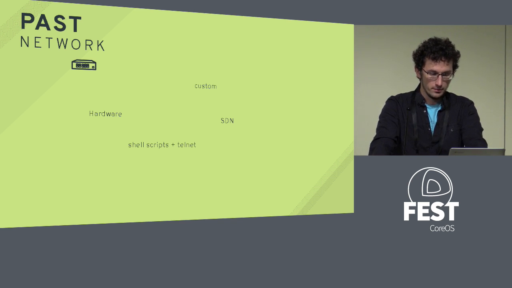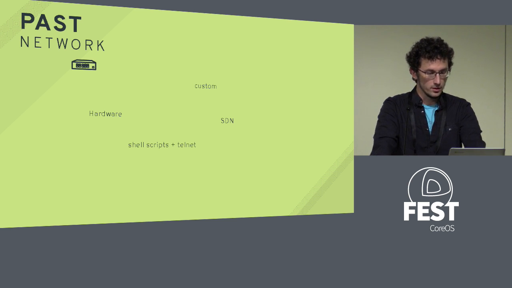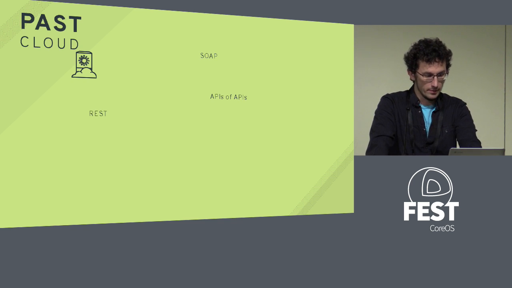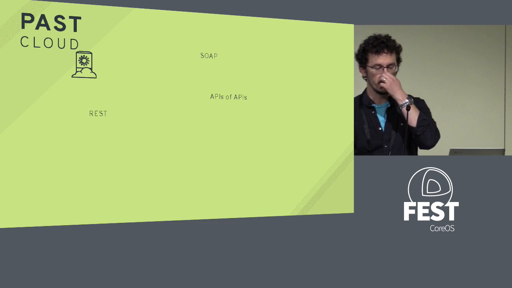Still very, very custom, and finally we're working our way along to the world of SDN, where it's a little bit more automated. And cloud, I can hardly say for PaaS. I mean, it's just a pain of APIs at this point, but still very much HTTP based.